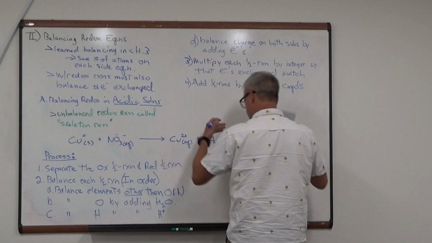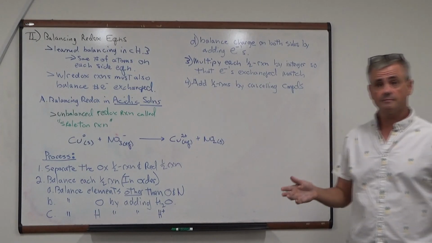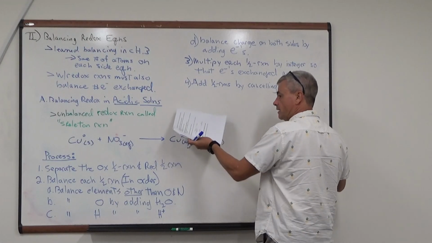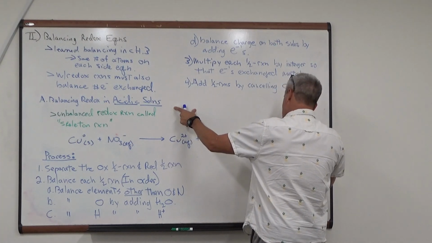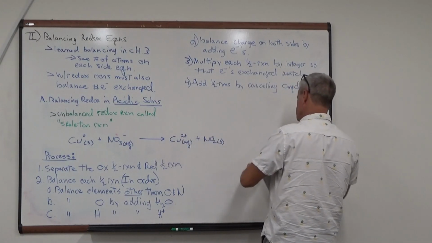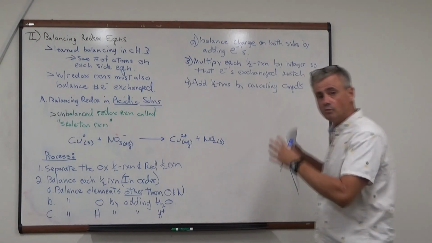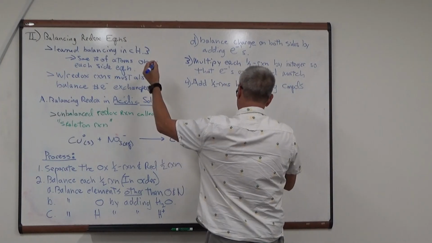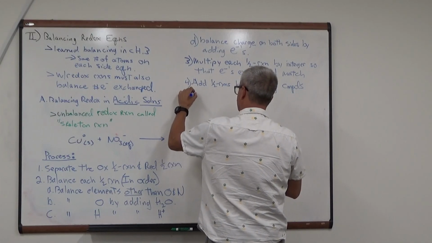Those will cancel out and they won't be in the overall balanced redox equation. But sometimes you've got the same compound but different numbers. So you might have 2 waters over here and 3 waters over here. That means you can cancel out these 2 waters and all but one of these waters. One of the waters has to stay. And we'll see that in our examples. All right. And then it's good to do a double check.